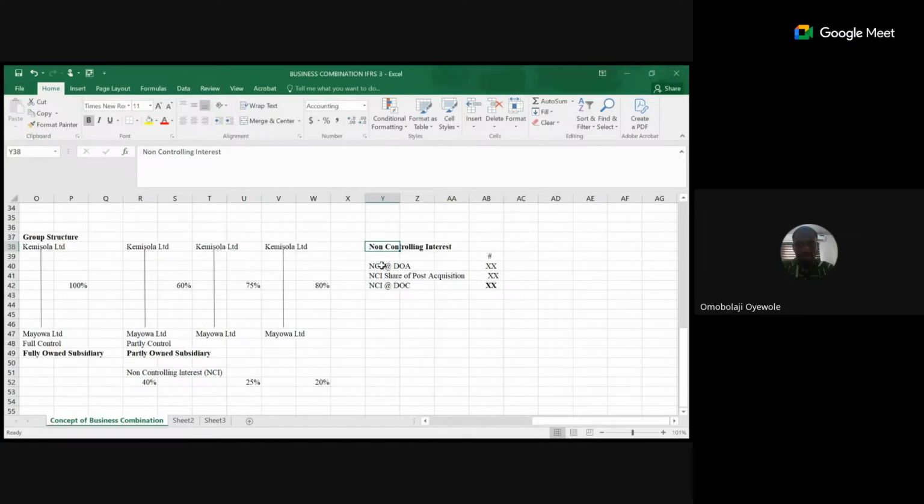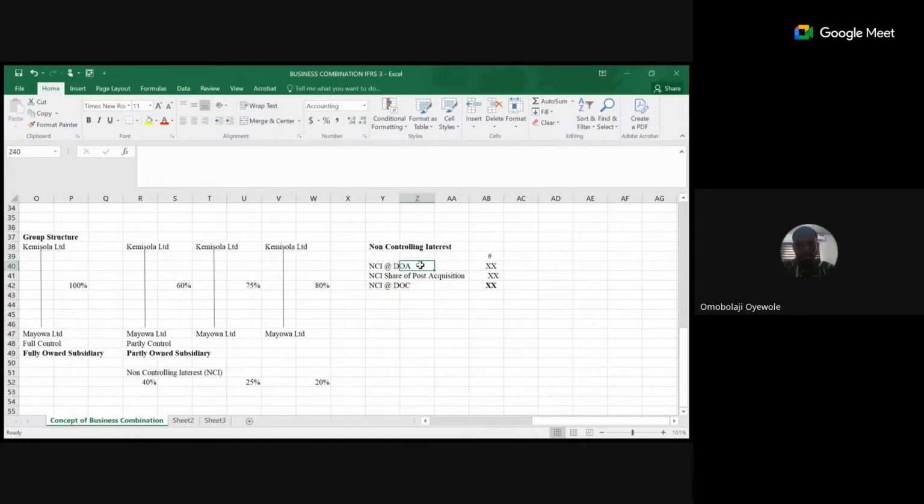When you are calculating NCI as at DOA, the question would have told us how to measure NCI. It can either be using proportionate share of identifiable net assets or using the full goodwill method. Any of the two methods can be used to derive NCI at DOA. Do you get?